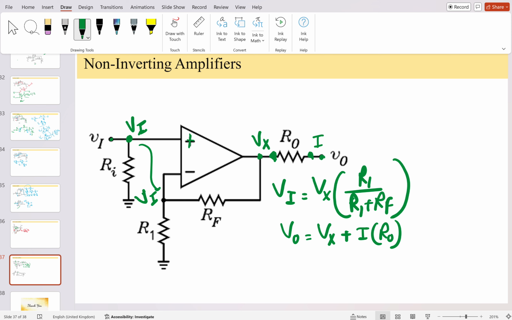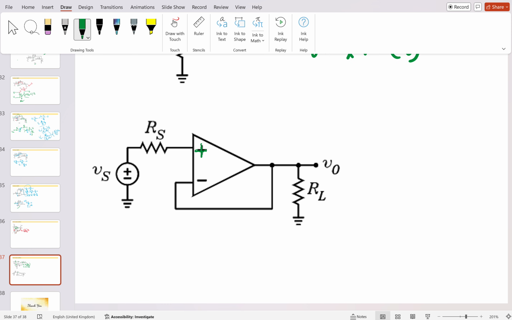In the tutorial and in the assignment also, you simply have to use this concept. In this problem, because we have assumed that the current here becomes zero, there is no voltage drop in Rs.